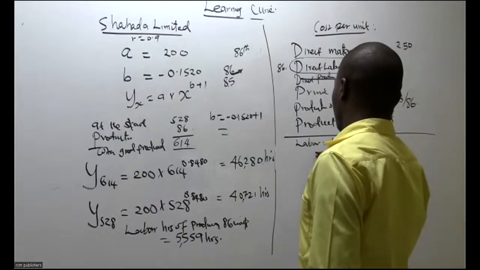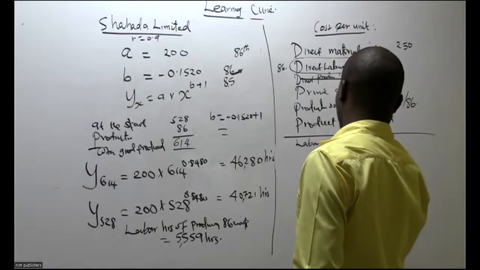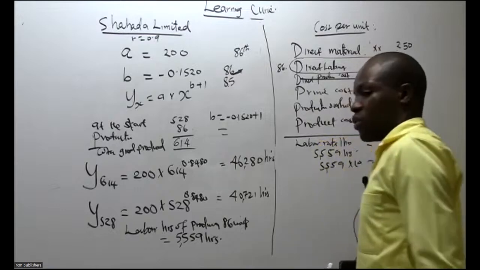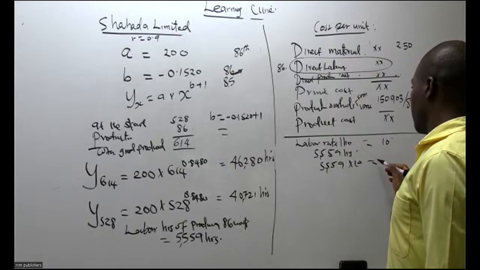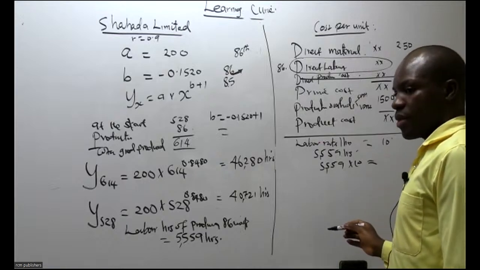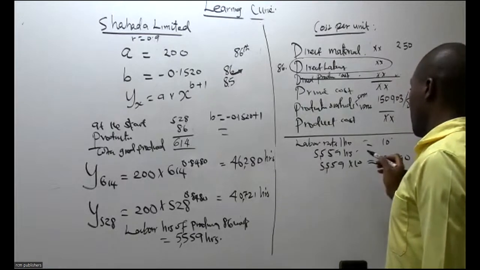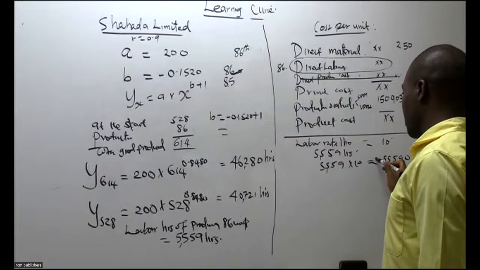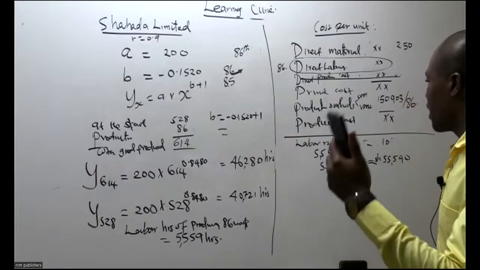Then we have a total of 559 hours. So 559 times 10 gives 55,590. Now not hours, but shillings. That is the total labor cost.